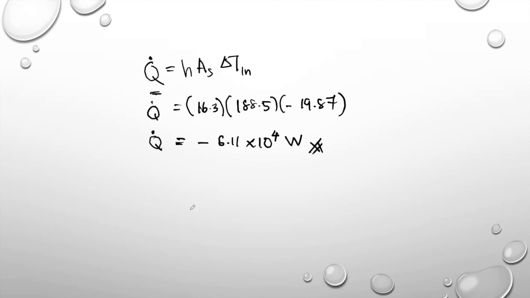If you tell somebody that the rate of heat transfer is minus 6.11 times 10 to the power of 4 watt, this means the negative sign means release, your energy released to the surroundings. If you get a positive value, it means that energy has been added to the system. Okay, we have already answered question A and B, and thank you.